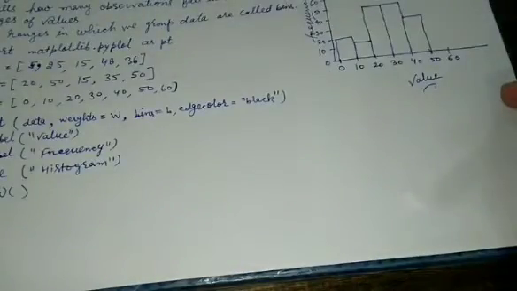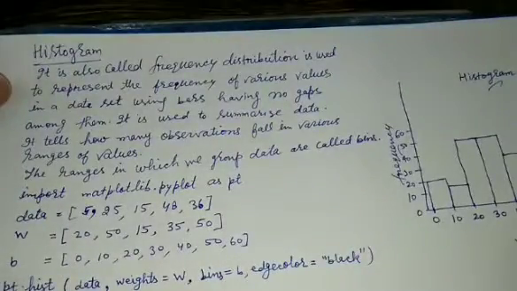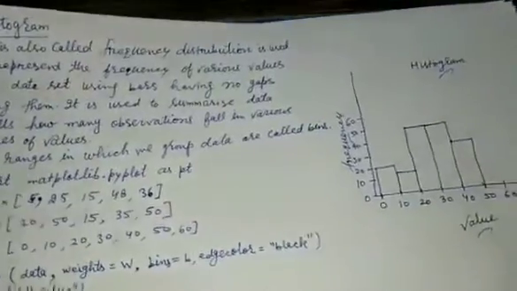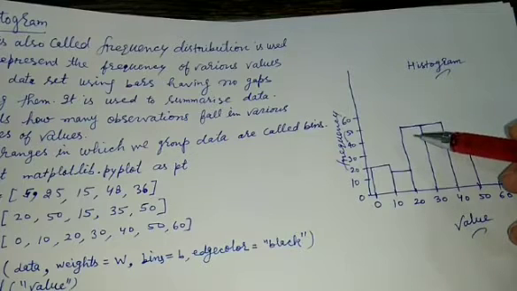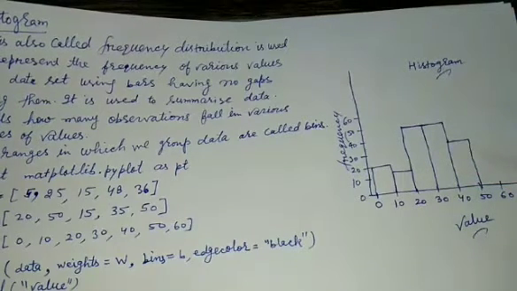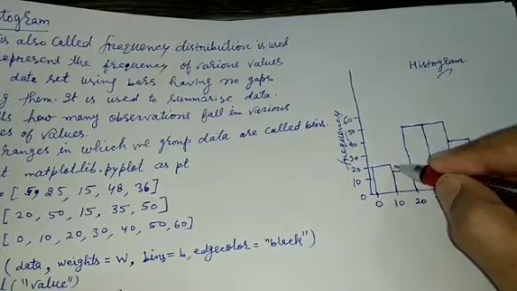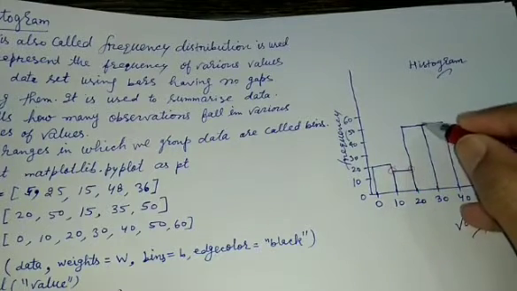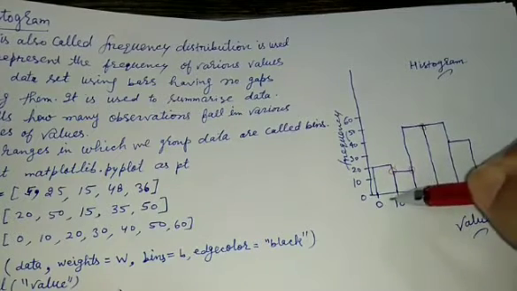Now we are moving to the next kind of chart, and that is the histogram. A histogram is another type of chart looking just like a bar graph, as we previously learned how to draw a bar chart, but there is a slight difference: first, there is no gap between the bars, and second, it is used to represent data which is in continuous groups.